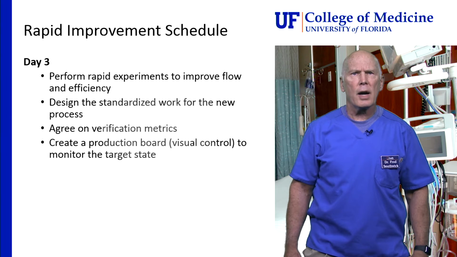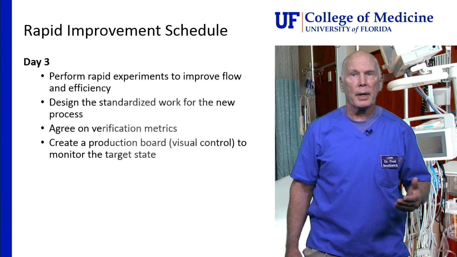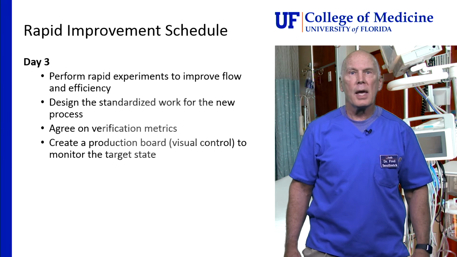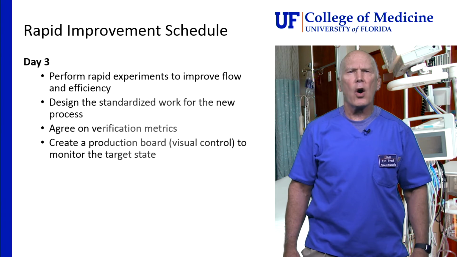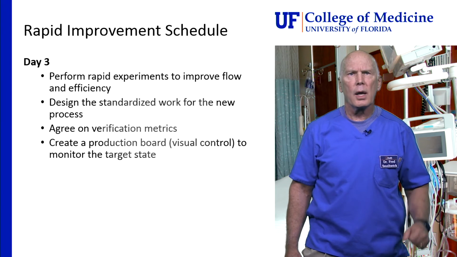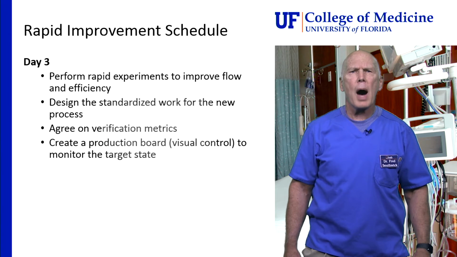Once new standardized work has been designed, there must be agreement on the verification metrics that will determine whether these changes in procedure represent a true improvement and correct the problems identified during the current state process mapping. On day 3, the teams also should create a production board, a visual control, to monitor progress toward achieving the target state.